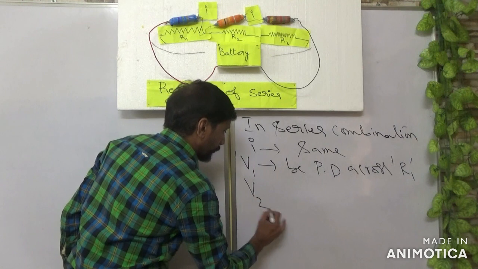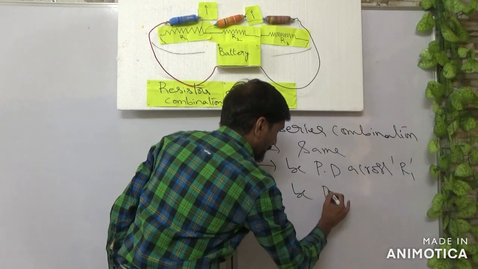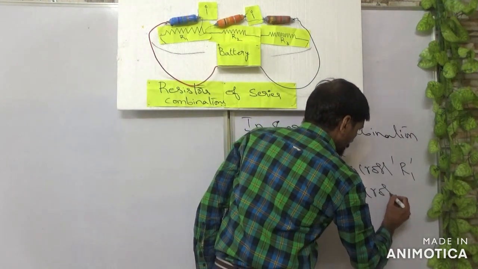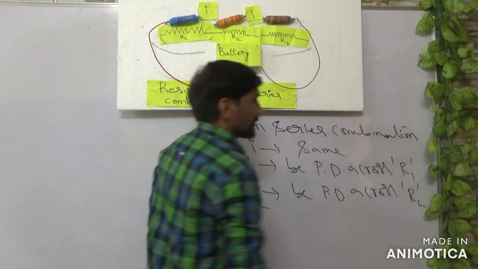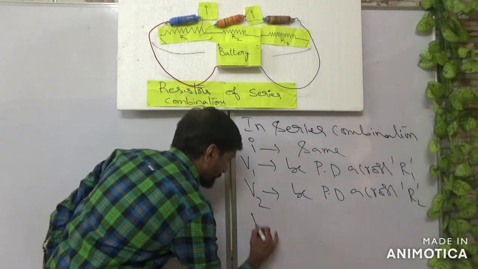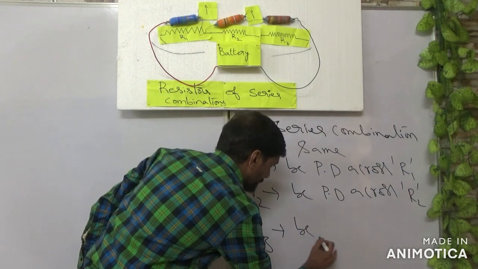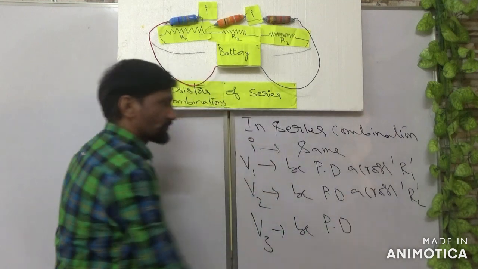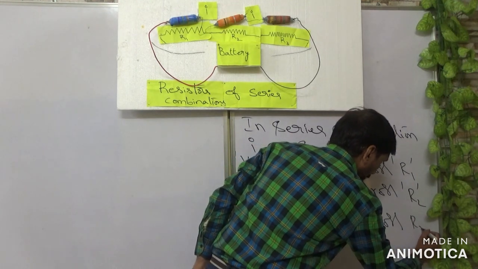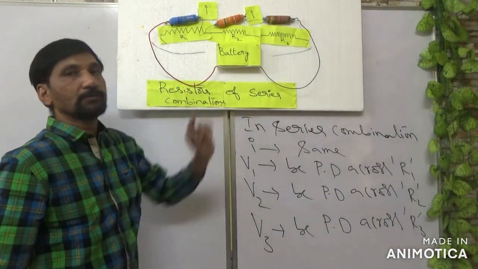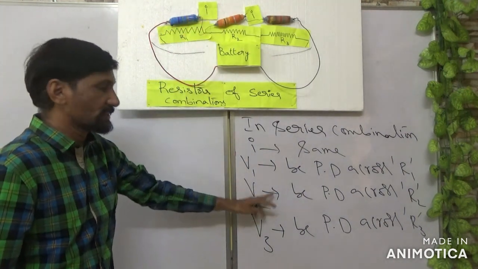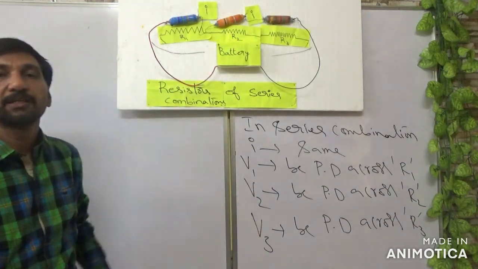Next, V2 be the potential difference across the second resistor of resistance R2 ohm. Next, V3 be the potential difference across the third one, say R3 ohm. So V1 is across the first one, V2 across the second one, V3 across the third one.